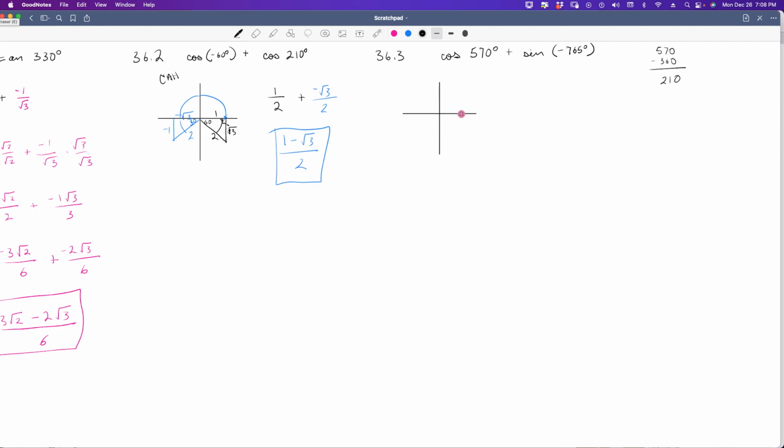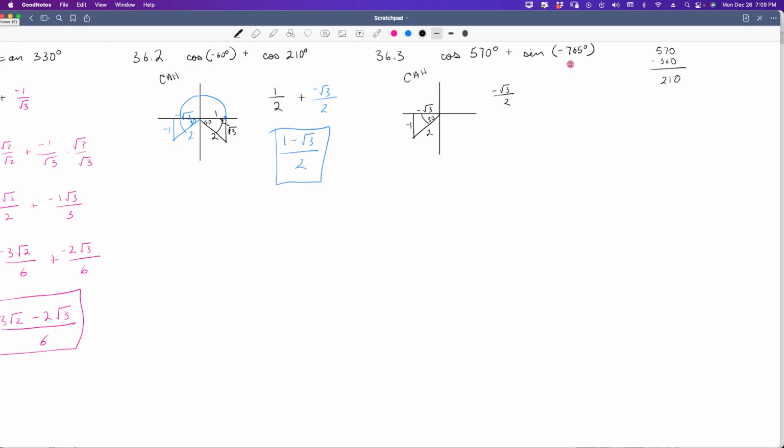So that is going to be 90, 180, and another 30 degrees here to get to 210. So this is going to be a negative square root of 3, a negative 1, and a positive 2. And I'm looking for the cosine. So that is going to be SOH-CAH-TOA. So adjacent, which is a negative square root of 3, over hypotenuse, which is 2.